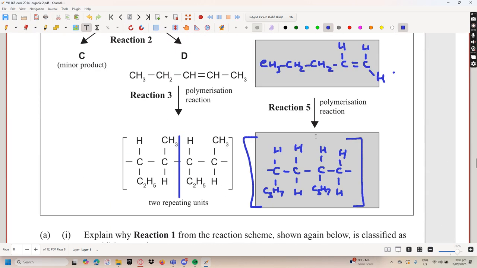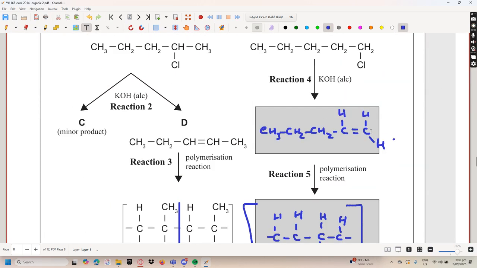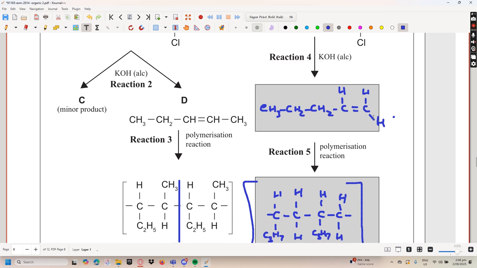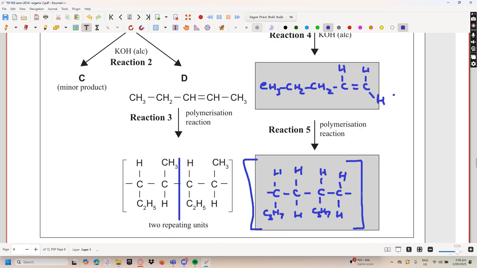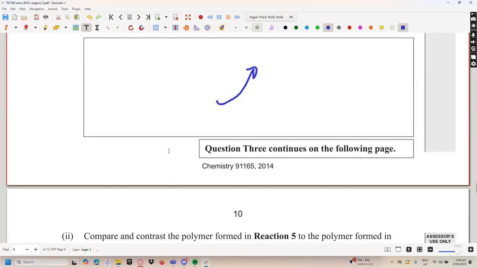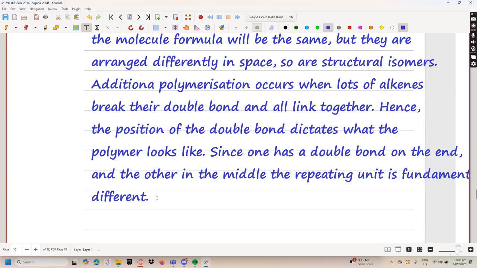So, this guy here, each repeating unit will just have the 2 H's going up and down each time. But this guy over here can't do that. It's going to have an H and a CH3. They're fundamentally different. And there you go. One's double on the end, and the other in the middle. The repeating unit is fundamentally different.